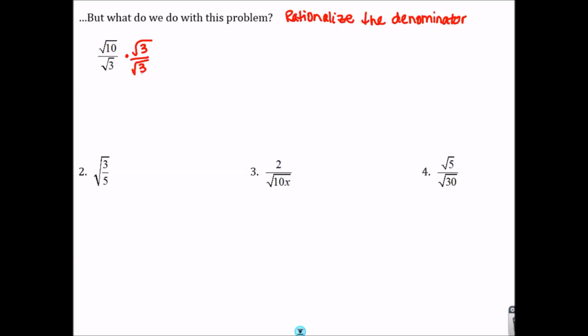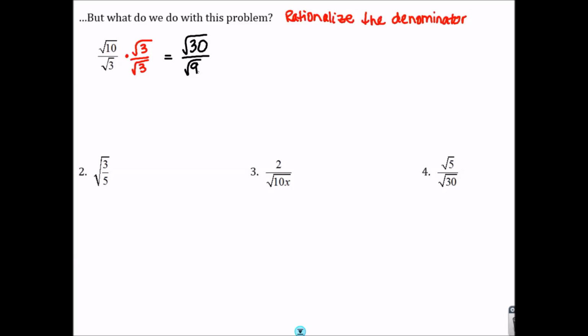Because multiplying the numerator and denominator by the same thing means we are just multiplying this fraction by 1, so we're not changing the value, but we'll just change the way it looks. So when I multiply these together, in the numerator, I end up with square root of 30, and the denominator, I end up with square root of 9.